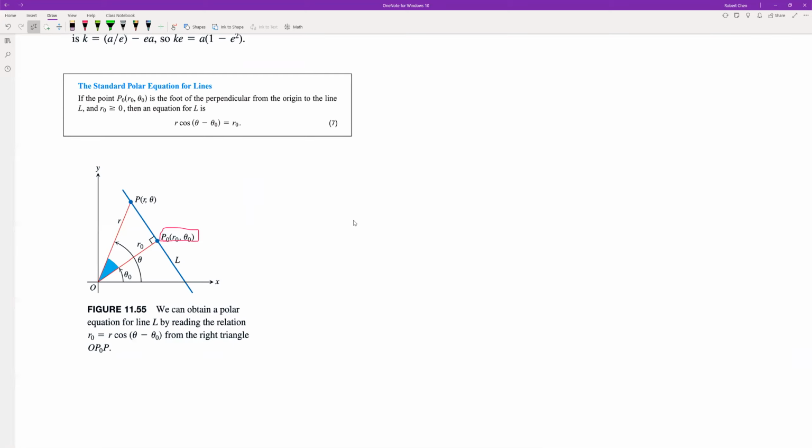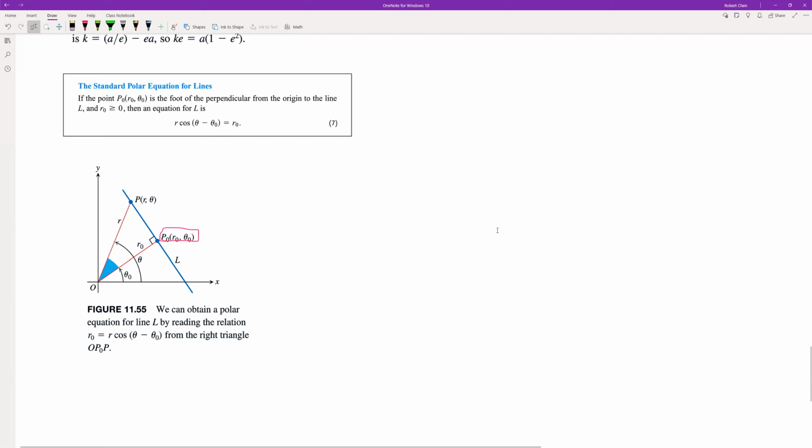We can find this point by identifying the coordinate and the angle based on the line itself. Then we just need to plug in theta 0 and r0 to complete the equation, which is pretty straightforward. We'll take a look at an example of that in a second.